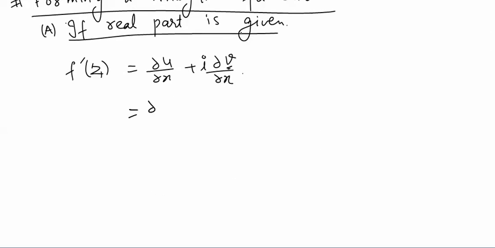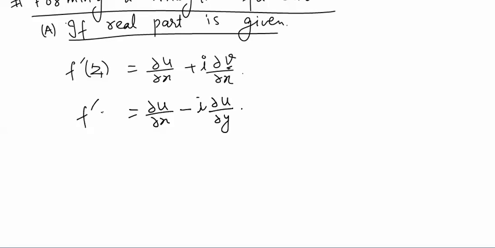We don't know v, we know only the real part. So ∂u/∂x, and using CR conditions we can say it is minus ∂u/∂y, so it all becomes in u.